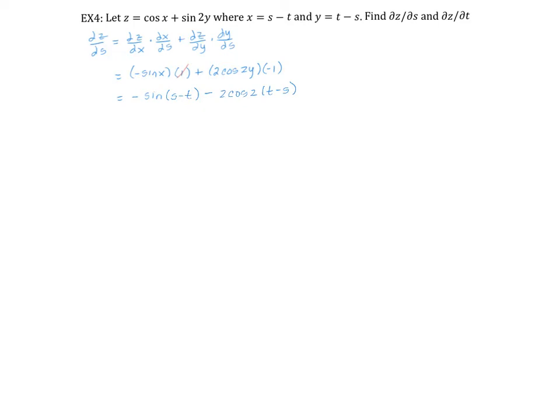And I have to stop there. I actually can't go any further. I cannot replace my s with some t value. So this is as far as I can go, which would give me the partial of z with respect to s. Now remember, we have some other notation we can use when we're finding derivatives.